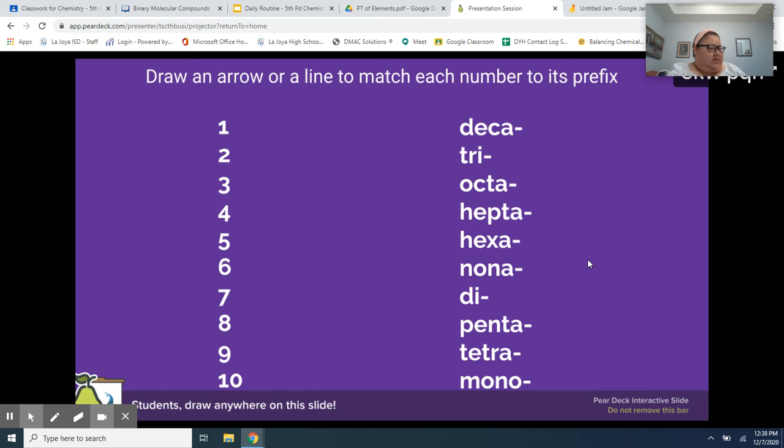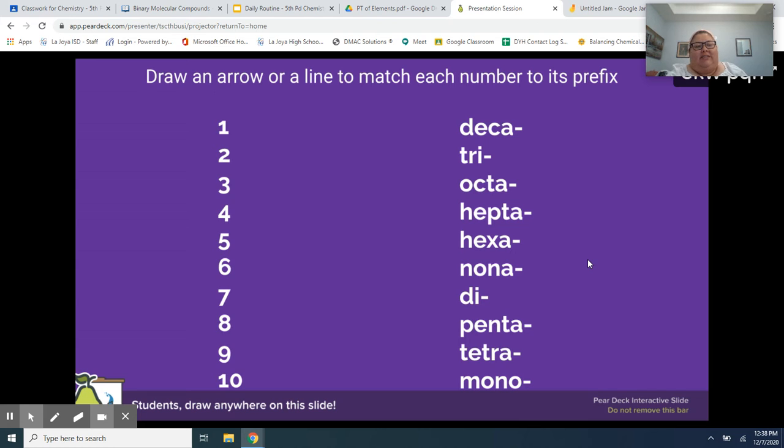So far, so good. 6 hexa. 7 hepta. 8 octa. Very good, Mario. What about 9 and 10? Who can give me 9 and 10?